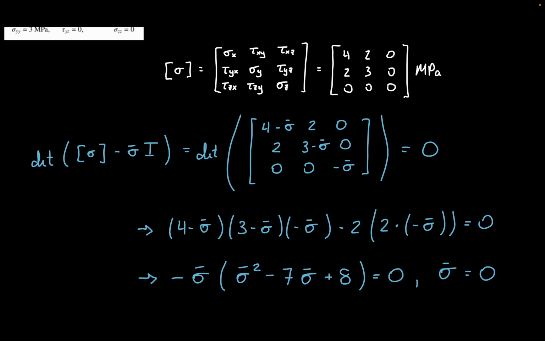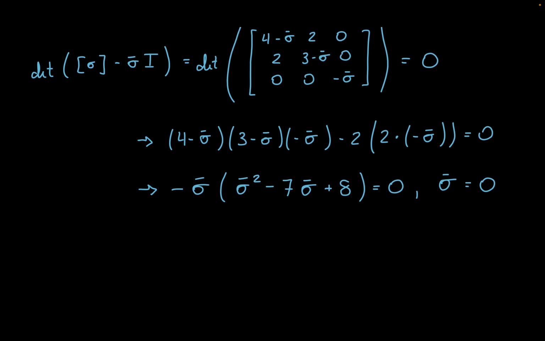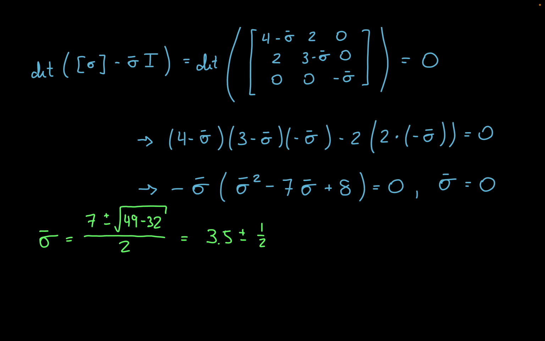But anyways, unfortunately we cannot factor this piece here right off the bat, so what we're going to have to do is we're going to have to solve for it using the quadratic formula. So we'll have positive 7, and then plus minus, so we'll have 49 minus 32, and that'll leave us with 3.5 plus or minus 1/2 times radical 17.